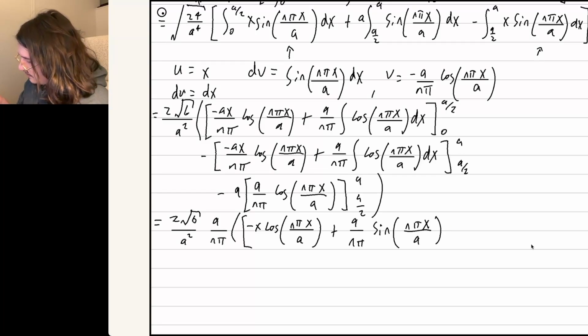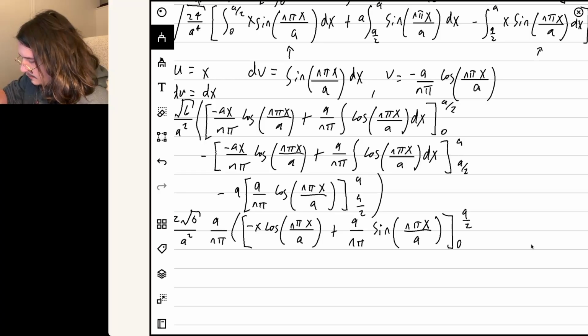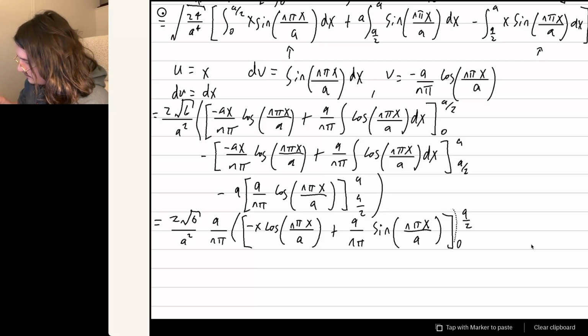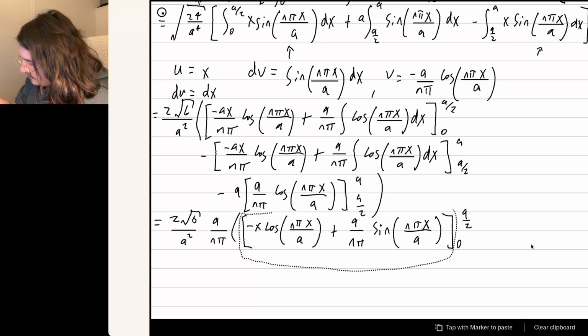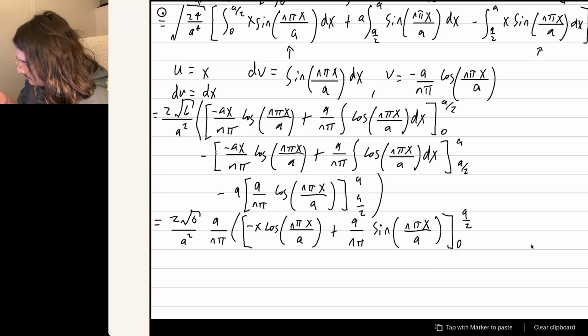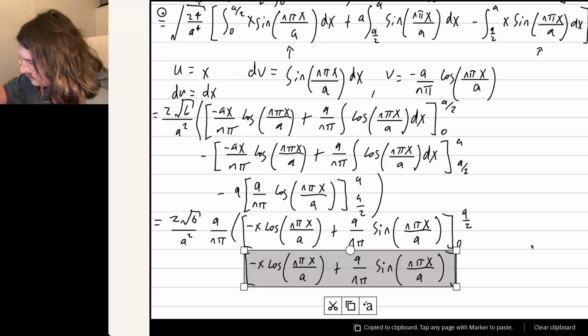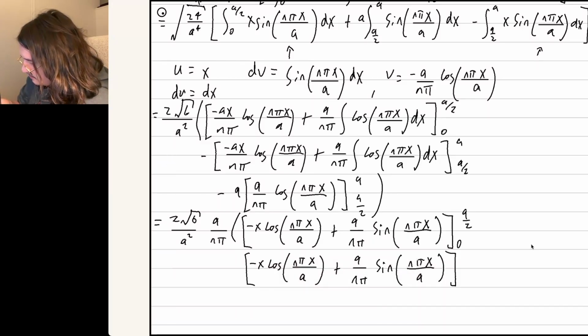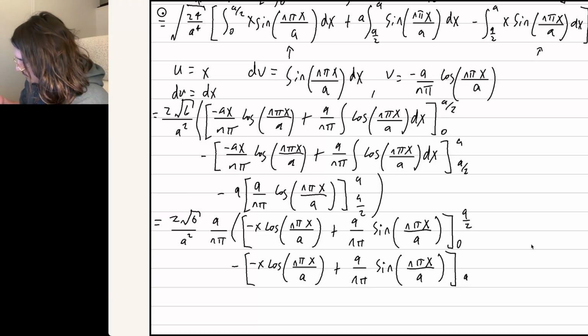And that's evaluated from 0 to a over 2. Again, you have the same exact result, but evaluated at different bounds. So that, except subtracted and at a over 2 to a.